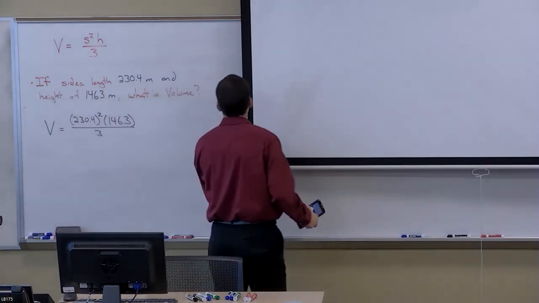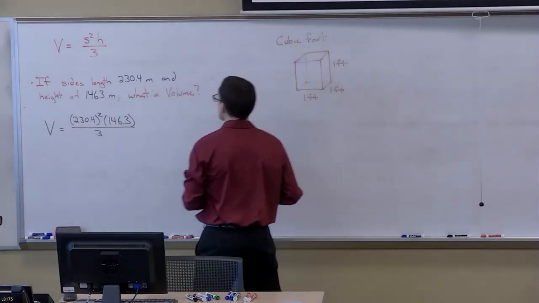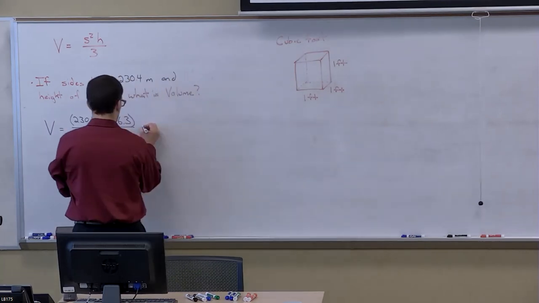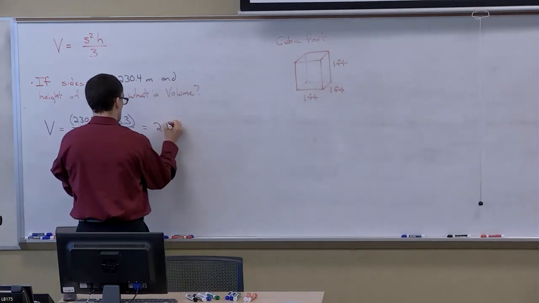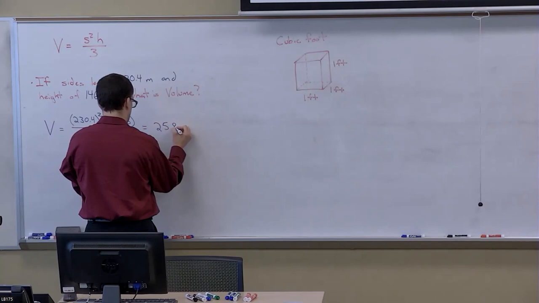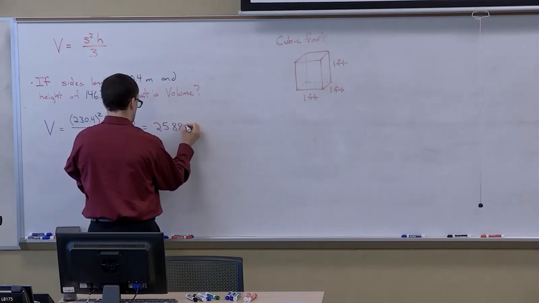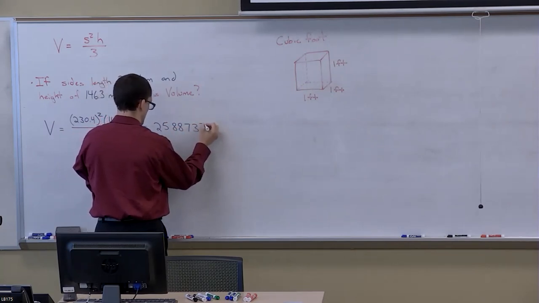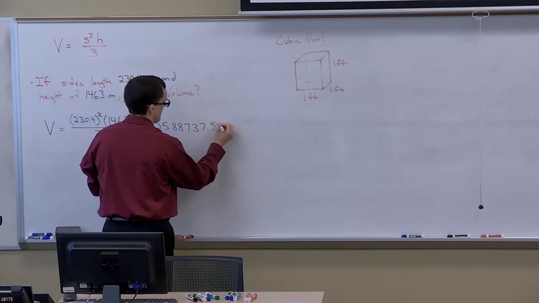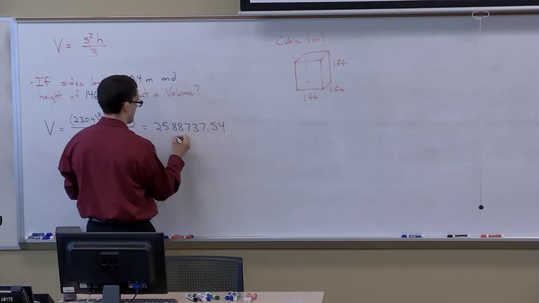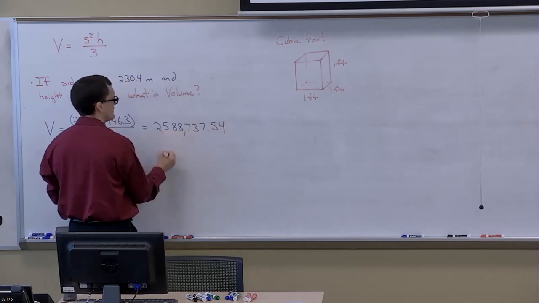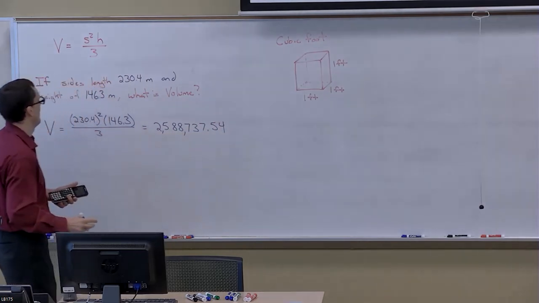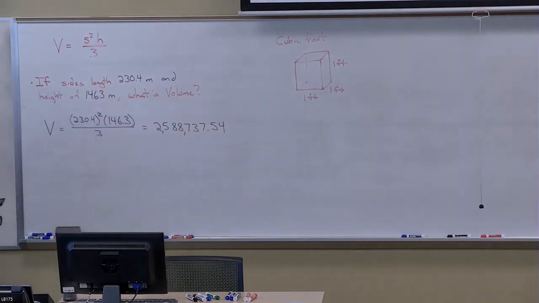Now, when you do that, you end up with 2,588,737.54, rounding to 2 decimal places. So that's a value of over 2.5 million.